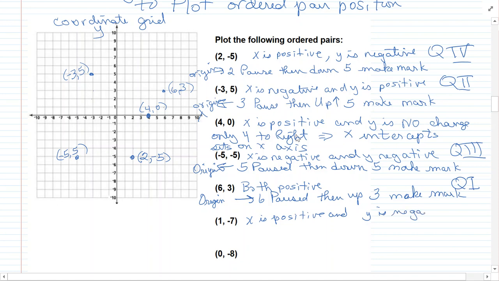Now we had one before like this. This is quadrant 4, the very first one we did. So we're going to go 1 to the right and down 7. Make sure you know it's a 1.